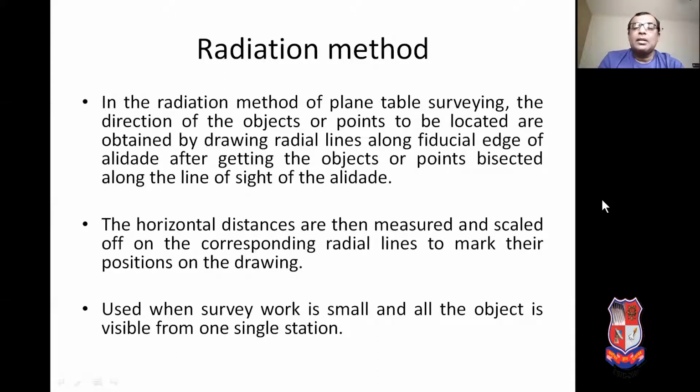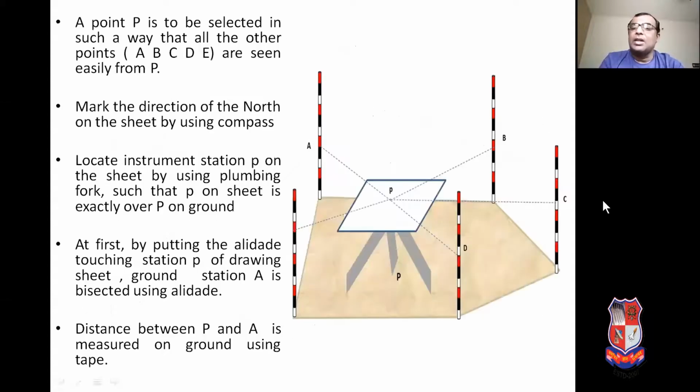The horizontal distances are then measured and scaled off on the corresponding radial lines to mark their positions on the drawing sheet. This radiation method is used when the survey work is comparatively small and all the points are visible from one single station of the plane table. We have to use this radiation method. Now let us discuss this method in detail.